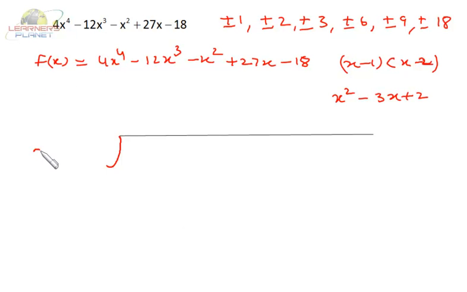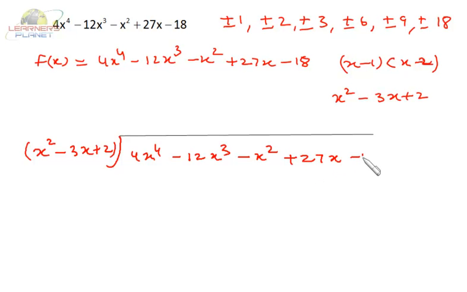So it's x square minus 3x plus 2 as divisor and 4x^4 minus 12x cube minus x square plus 27x minus 18 as dividend. So in the very first step, we want 4x^4 and we have x square. So we can multiply x square by 4x square, so we can get 4x^4.